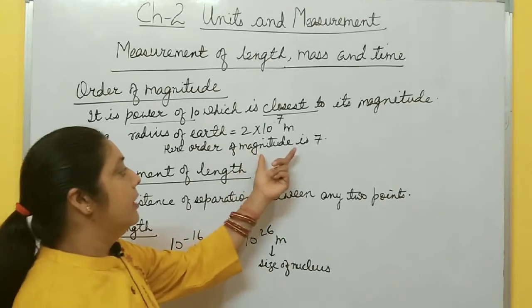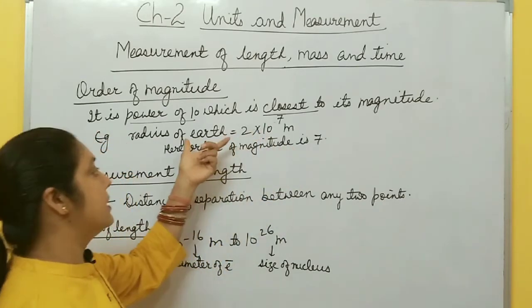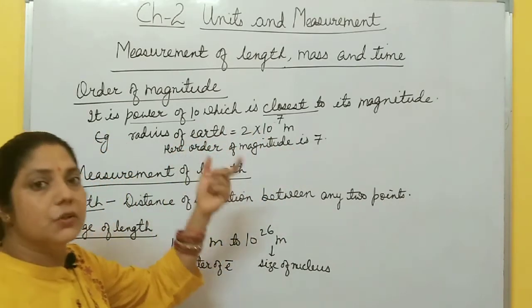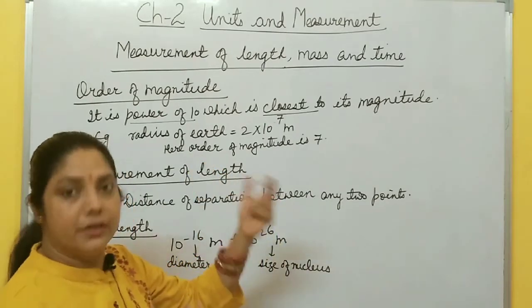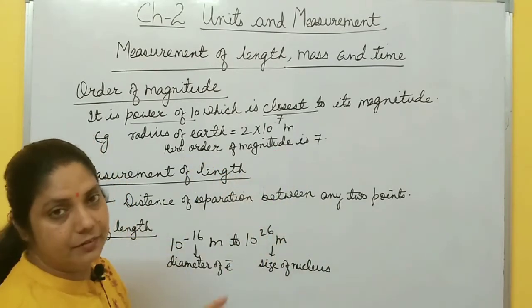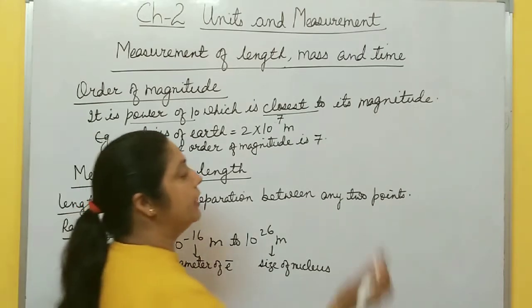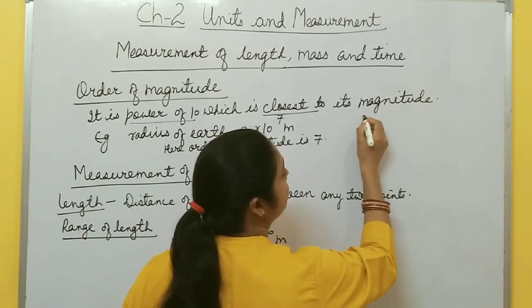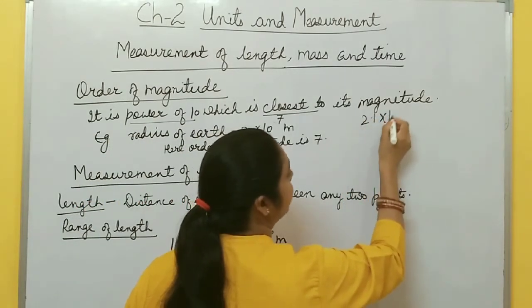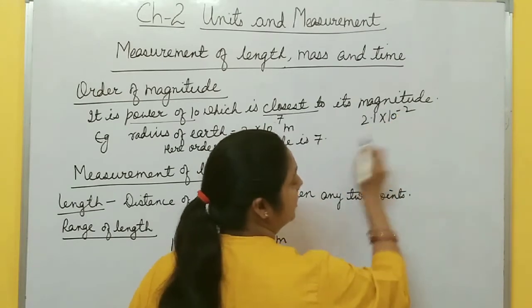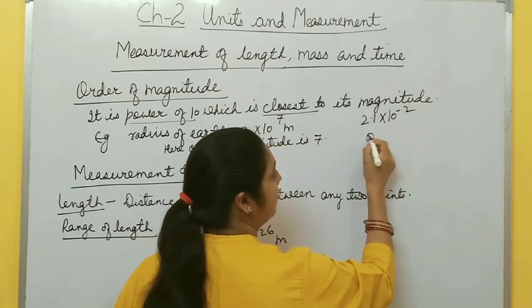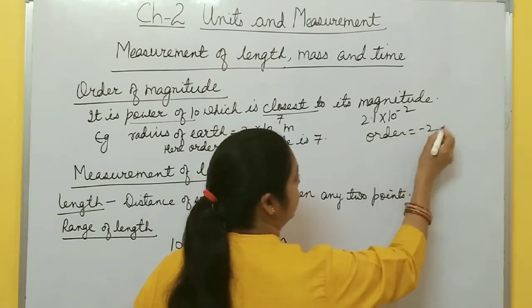In this way, you can easily determine how large or small this object is. For example, suppose size of any object is 2.1 into 10 to the power minus 2. So here power is what? Minus 2. So order is minus 2.